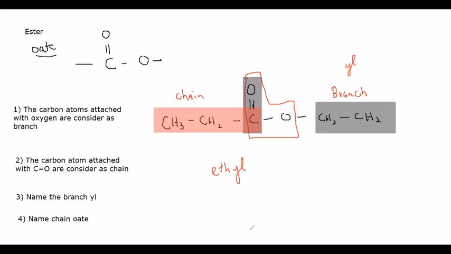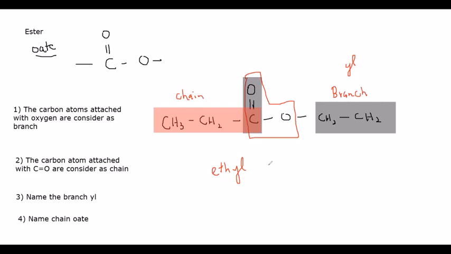Eth because of two carbons, and whenever there is a branch, as we discussed earlier, the branch should always include YL, like in alcohol, if there is a hydrocarbon branch, the name should always have YL. Then in the chain, we have three carbon atoms, 1, 2, 3.